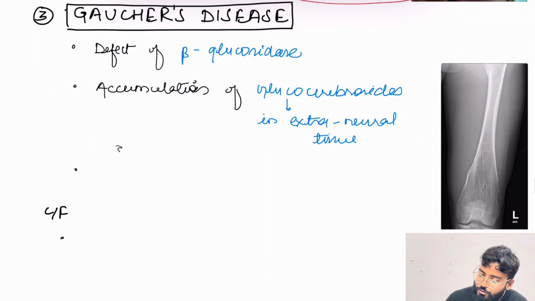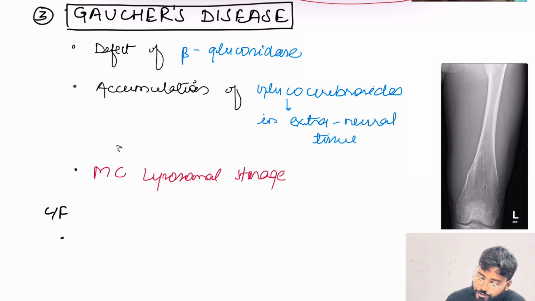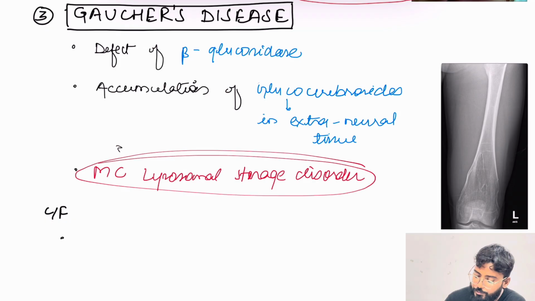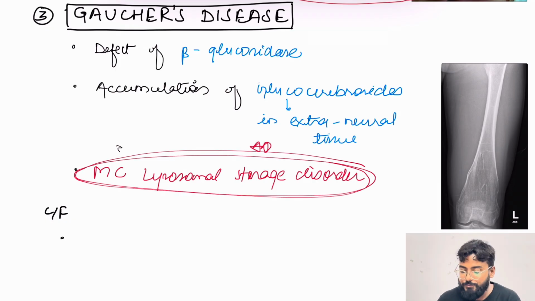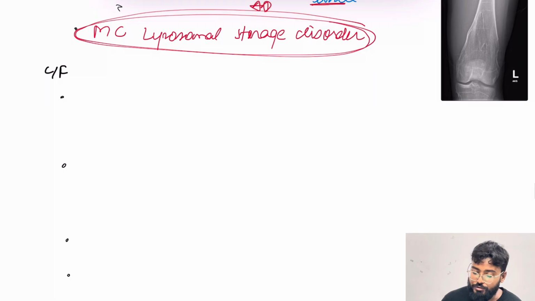Gaucher's disease is the most common lysosomal storage disorder. You need to remember that it is the most common LSD, and the glucocerebrosides are going to accumulate in extraneural tissues.